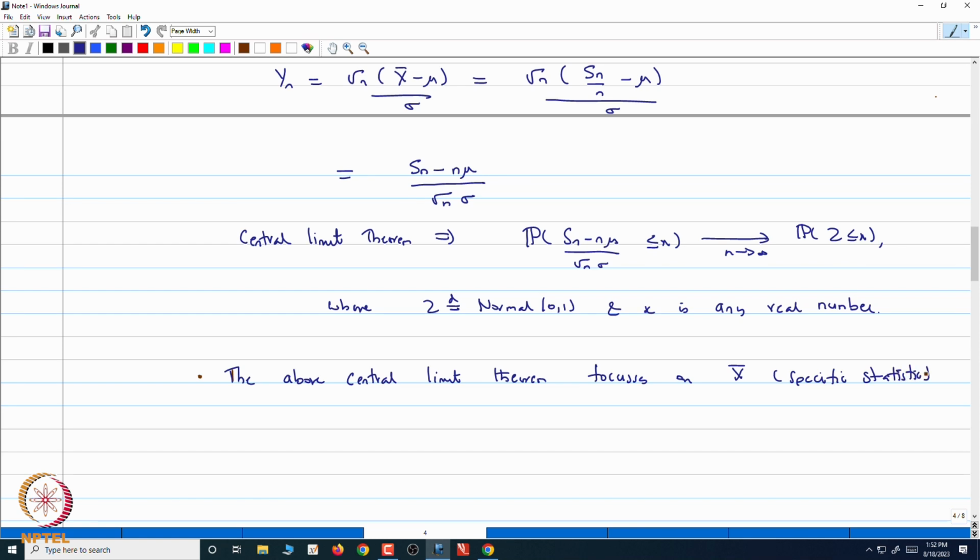But in general, it holds much more generally. There are other statistics as well where the central limit theorem holds. It's remarkable to see that the result also holds for the sample median, for example, and there are many other statistics that for specific random variables also converge to normal random variables.